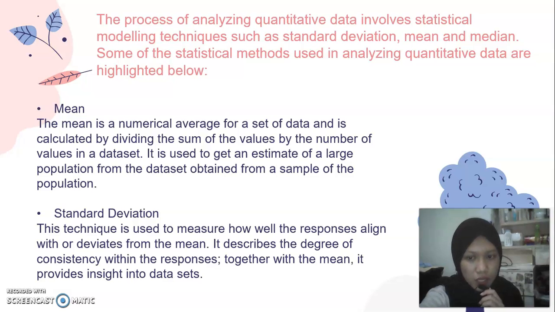The second is standard deviation. Standard deviation is used to measure how well the response aligns with or deviates from the mean. It describes the degree of consistency within the responses, and together with the mean, it provides insight into data sets.